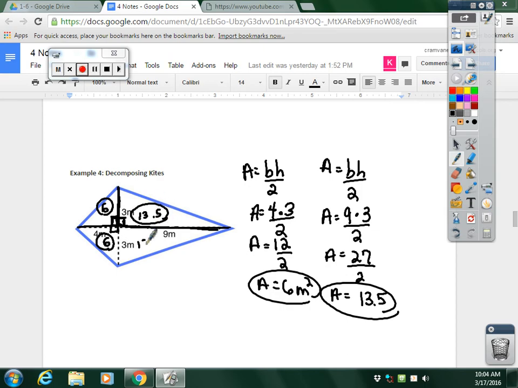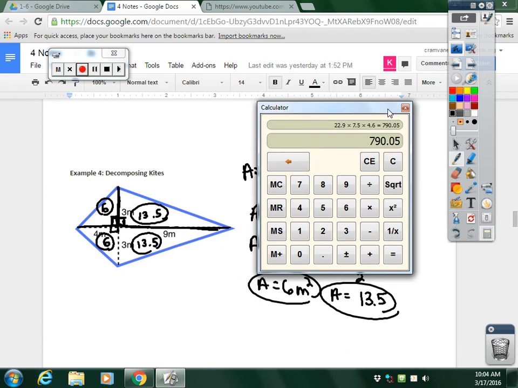I have a 13.5 area here since they have the same dimensions. Okay, now when I add this all together, 6 plus 6, 12, 13.5 plus 13.5, the total area of that kite is 39 meters squared.